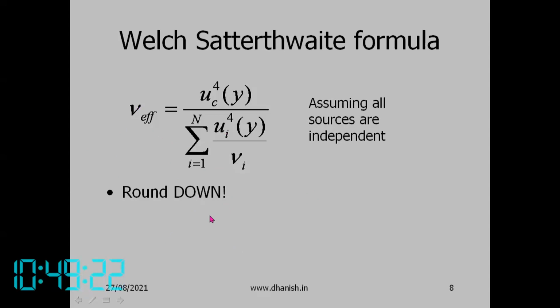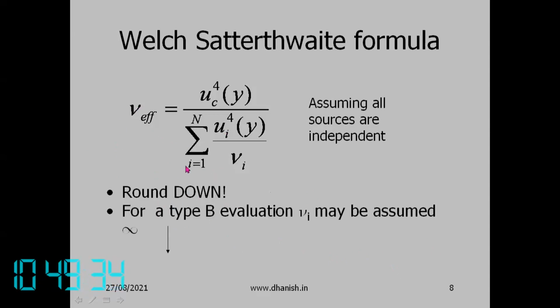It should be 6, not 7. So if it unfortunately falls at 0.5, then you have to be careful with this rule. Last year also several students lost marks because of this. In the end semester exam, one question was there which was near 0.5.